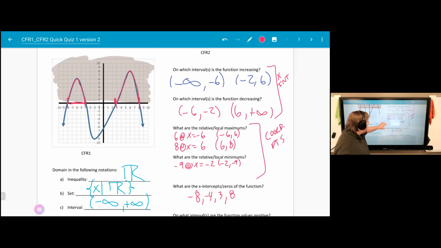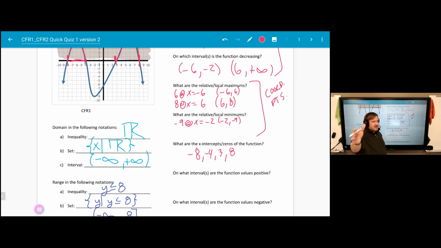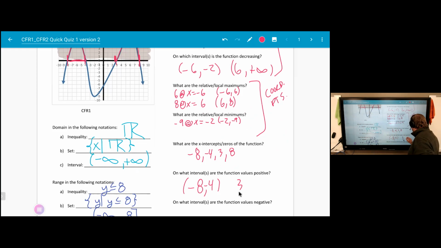Again, it's asking on what intervals? Intervals mean X intervals. So where are they positive? From -8 to -4. Interesting numbers. And also from 3 until 8.